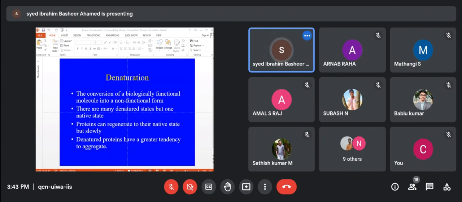So I check for 1 molar concentration and then 500 millimolar concentration. For each tube, if I see the absorbance, definitely you will have variation. If you see the 10 millimolar urea, it will be somewhat closer to the value of X, because the urea concentration is very low and the native population is still there.